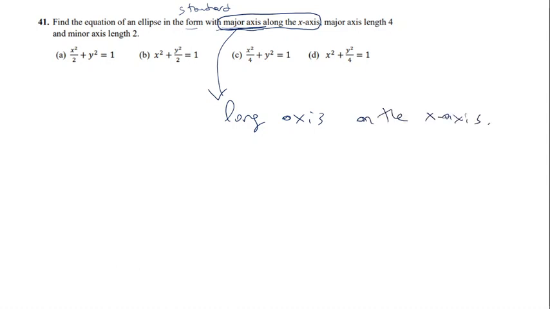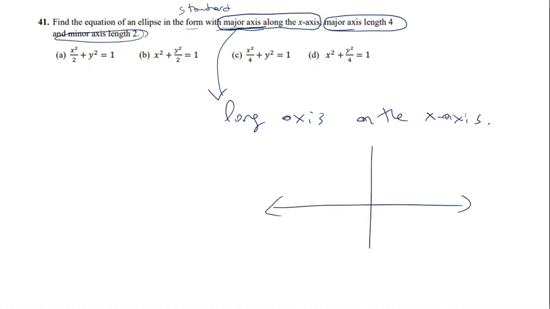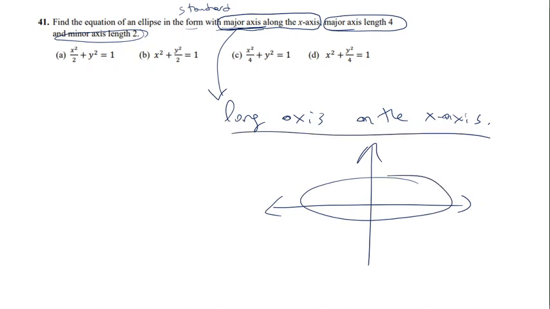The major axis is length 4, and the minor axis is length 2. Let's try to put this. Major axis along the x-axis. Major axis has length 4, so it has to be 2 here and minus 2 here, when you divide it by 2 and split it in half.